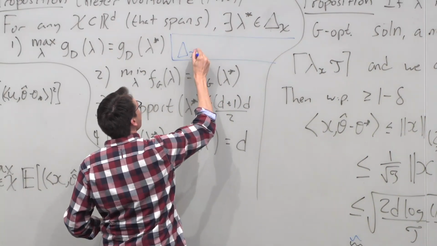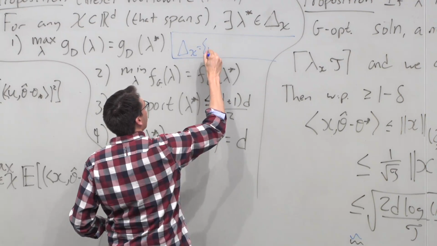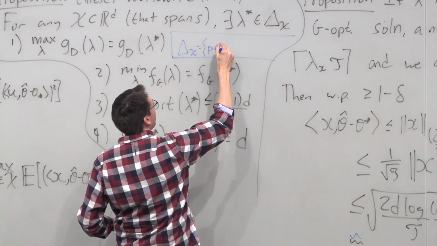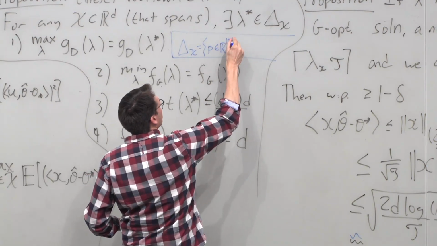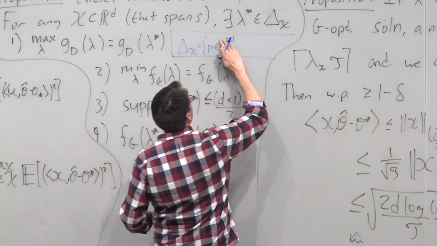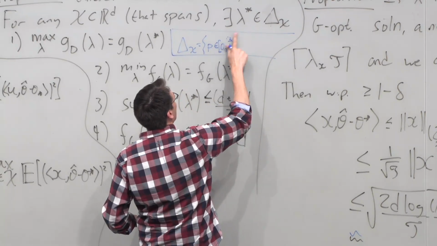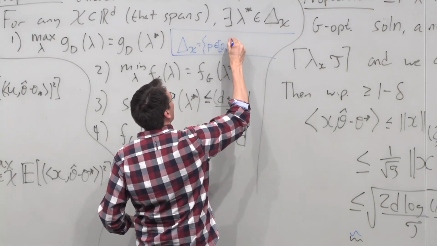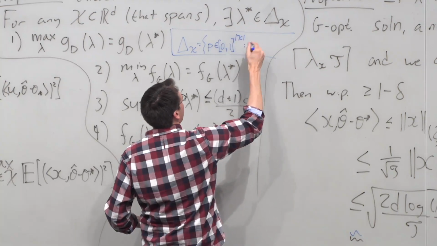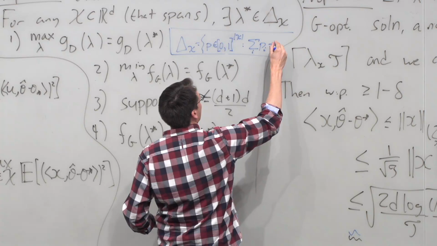Delta of x is equal to the p in R^x, positive, or I can even do 0, 1, such that the sum over i of p_i is equal to 1.